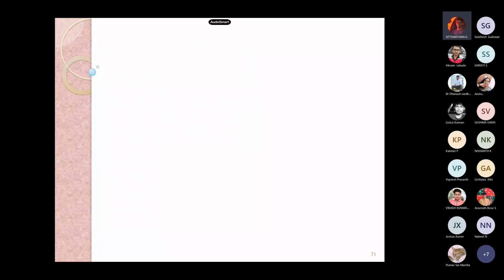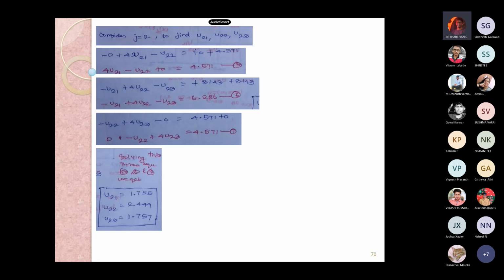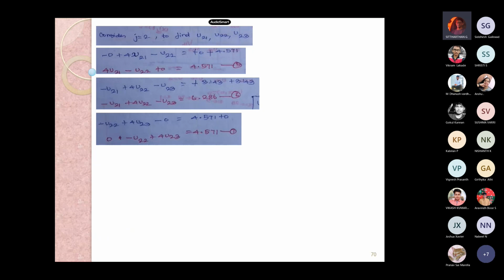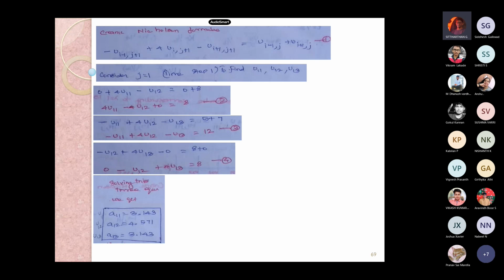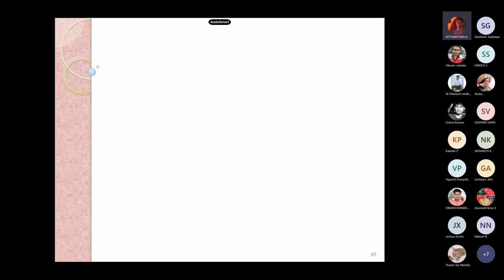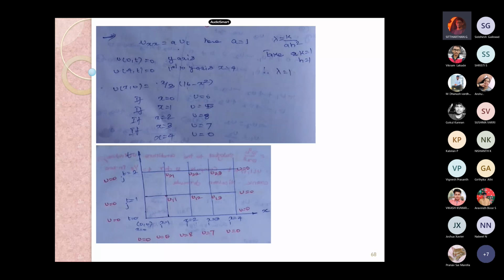So actually, U32 should be equal to U12, sir. But I calculated with 9 decimal places and I'm getting exactly the same thing. U12 is equal to U32.